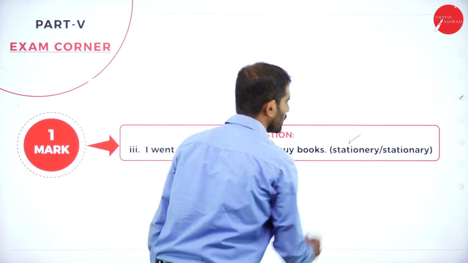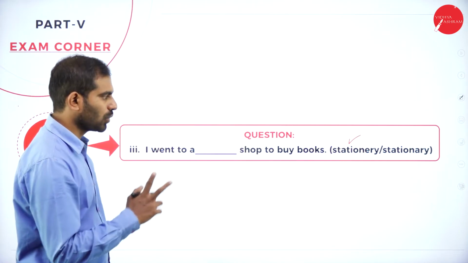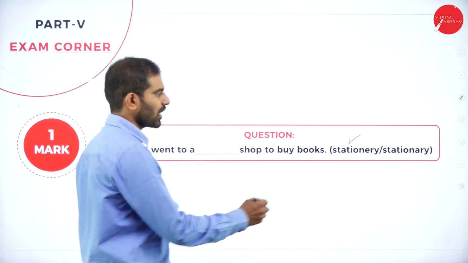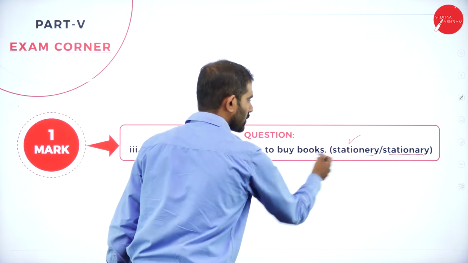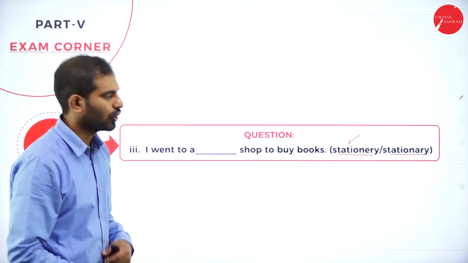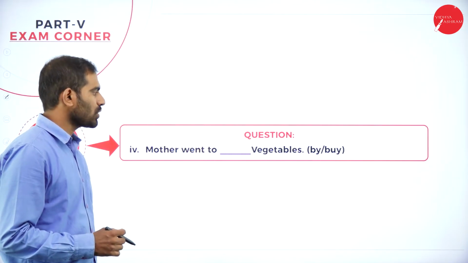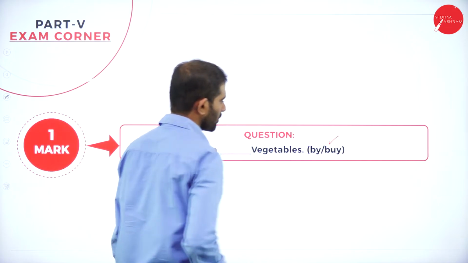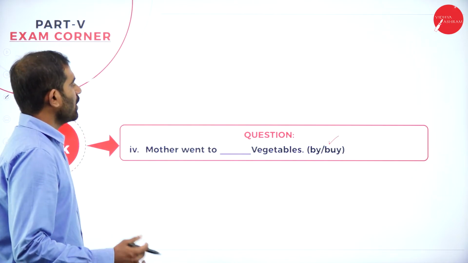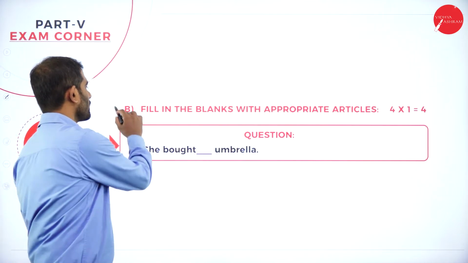The correct answer is stationery. There are two stationeries. This stationery is being still, and this is the stationery shop. Fourth one, mother went to buy vegetables. It is buy.